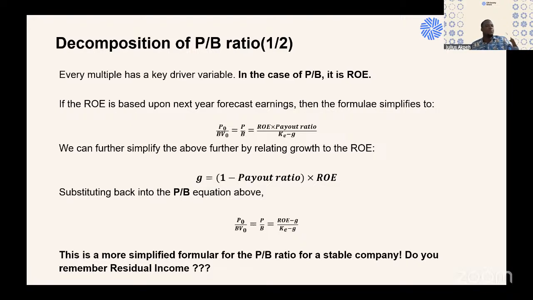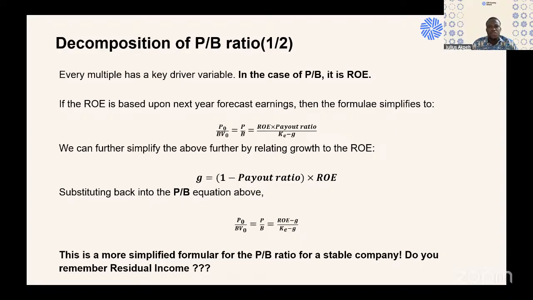You retain a percentage of the profit and reinvest it at the ROE, and that brings growth to the business, right? That's what we said yesterday when we were doing the FCF model. So that's the growth rate. So if 1 minus payout ratio times ROE is equal to G, then we can do some beautiful work.